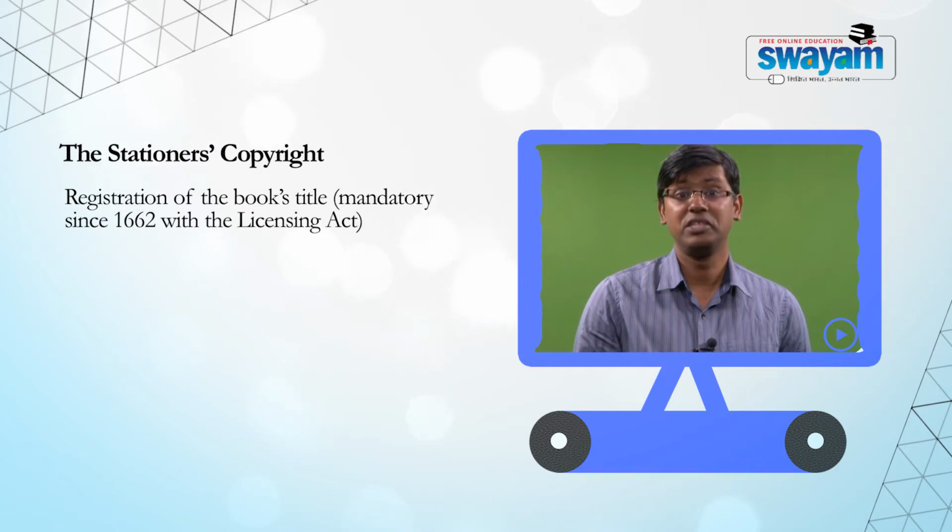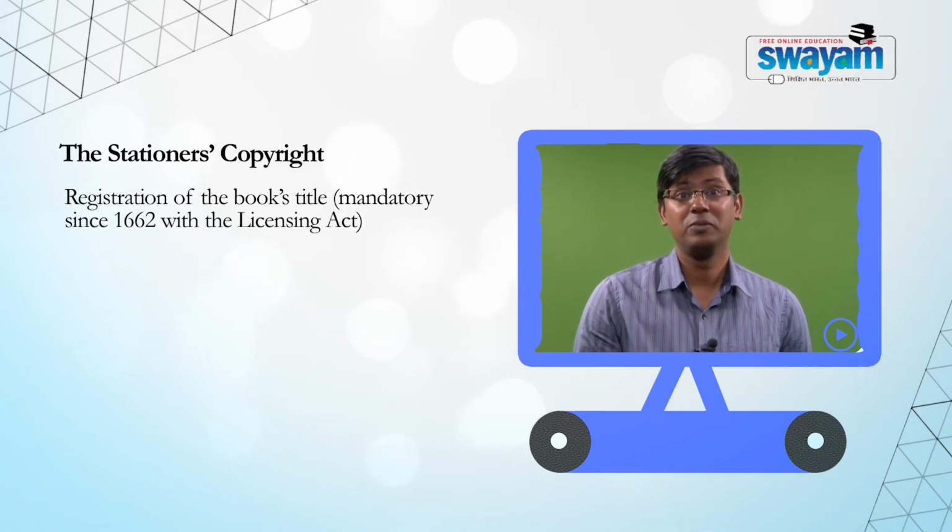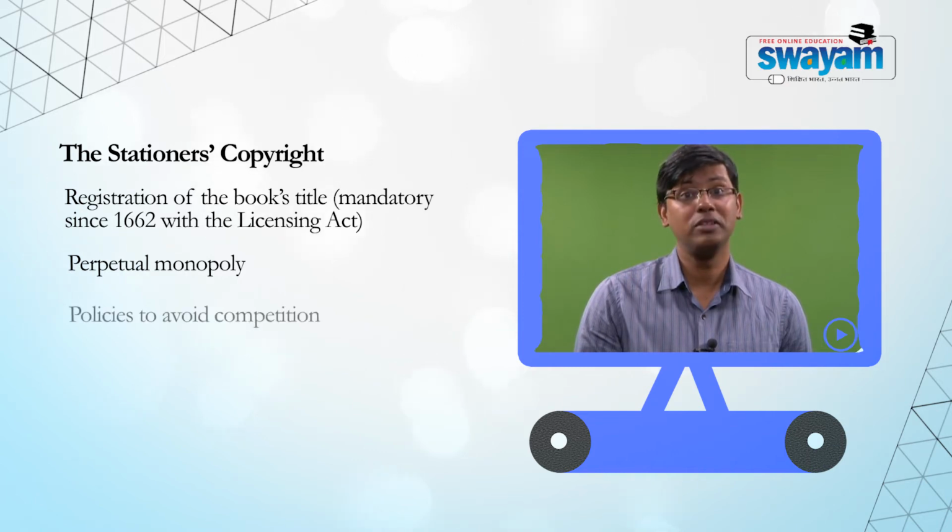From 1662 onwards, they had passed a Licensing Act which required anyone who wanted to publish a book to get a license before it gets printed and distributed. This ensured that there was a perpetual monopoly. There were policies to avoid competition.